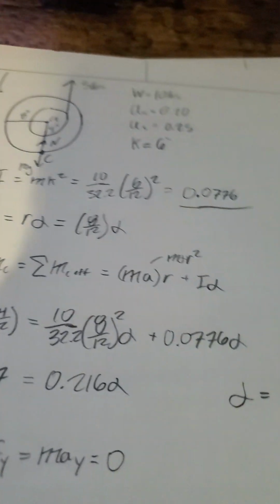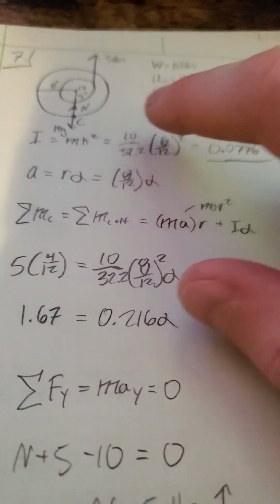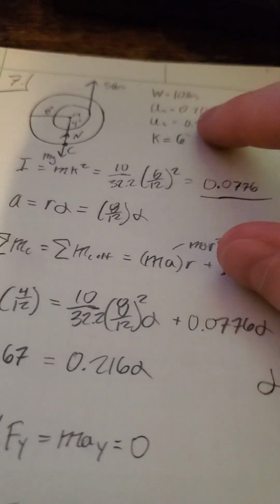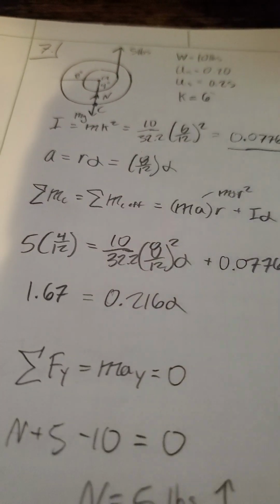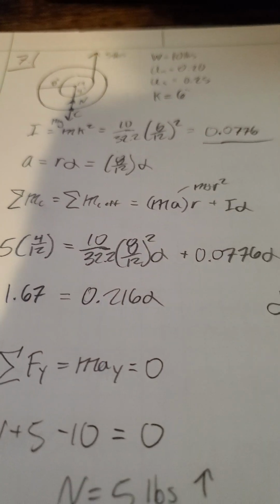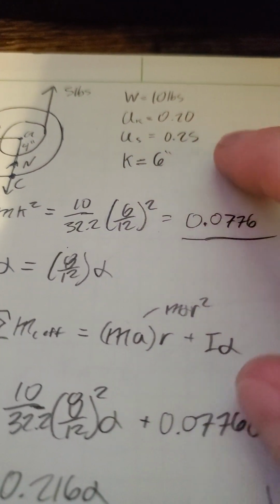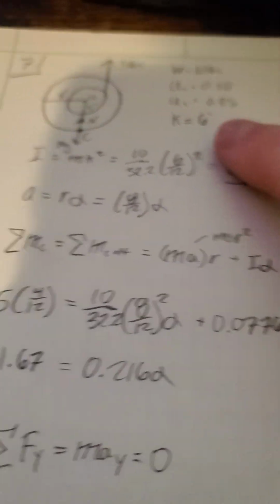I have my diagram here and all the variables that are given to us. Weight in pounds, so we're going to have to ultimately divide by gravity to get the mass. Our two coefficients of friction, kinetic is always a little less, and then our radius of gyration.